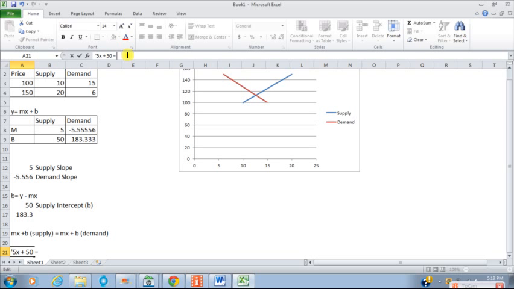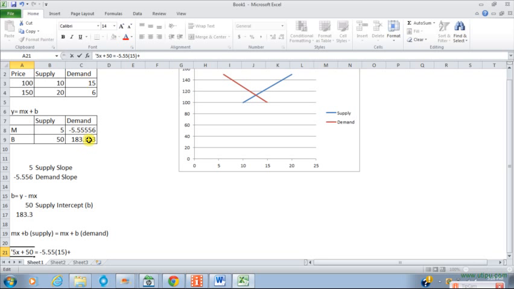Our demand slope is negative 5.55 times our, excuse me, x point there, and it doesn't really matter. We're going to use 15 plus our intercept, which we skipped on the supply.